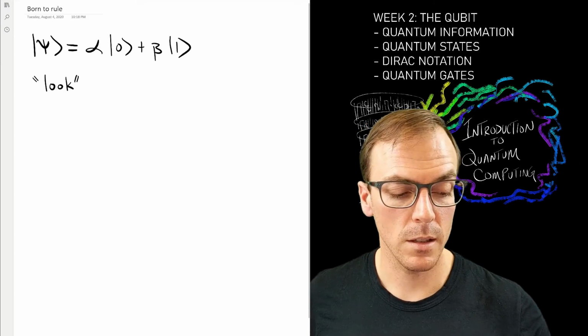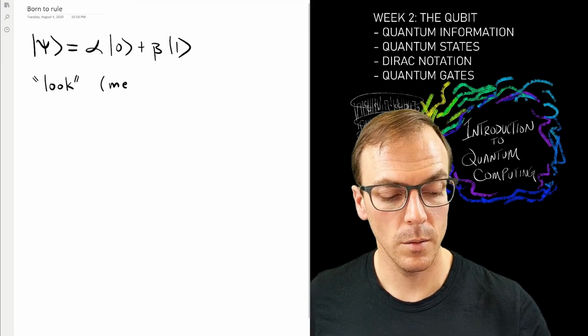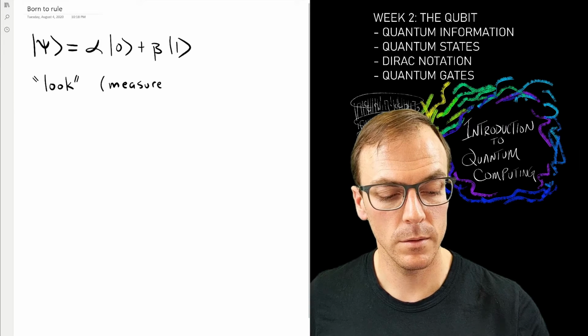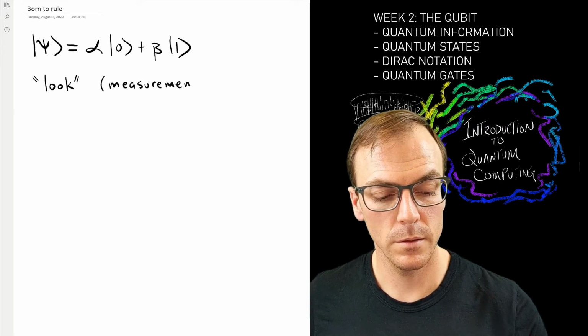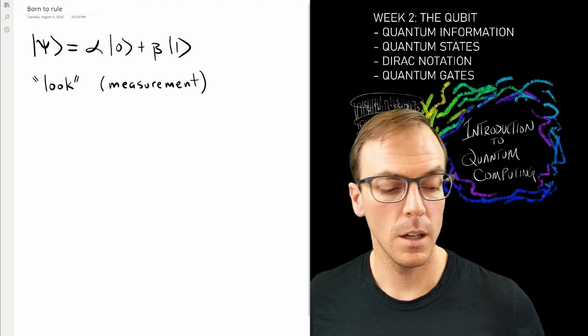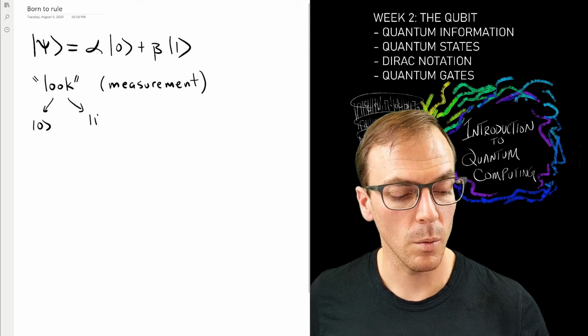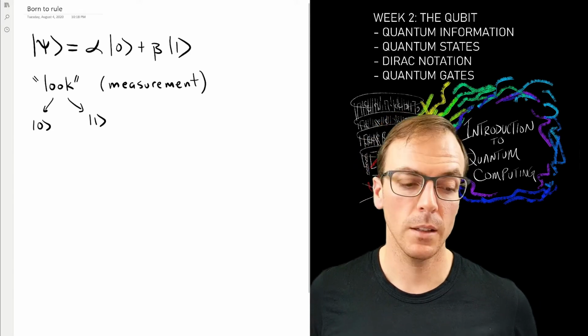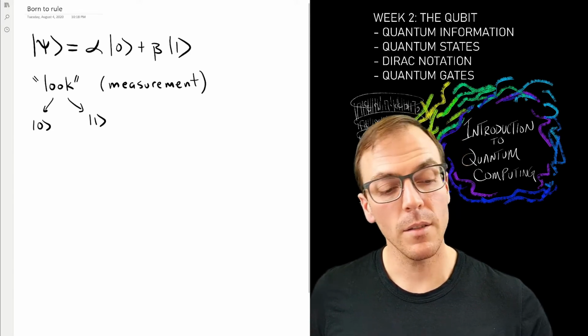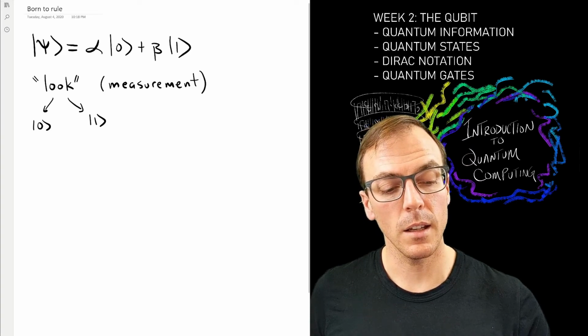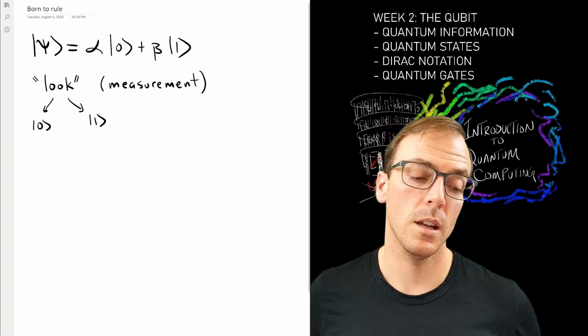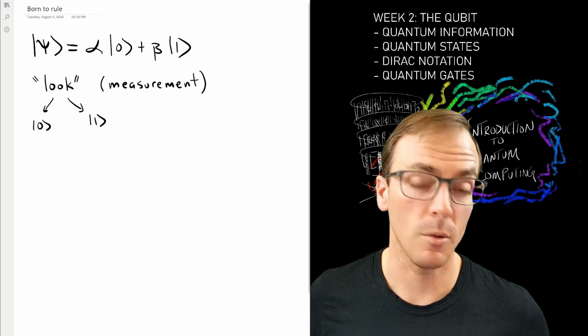In physics, this is called measurement. What happens is that I only ever see 0 or 1. Okay? I never see a vector which is in one of these superposition states that we talked about last time.